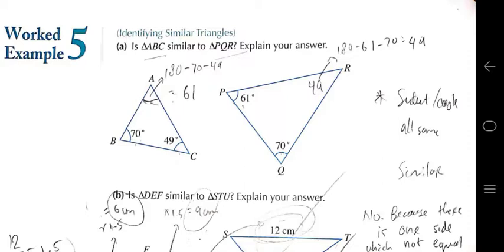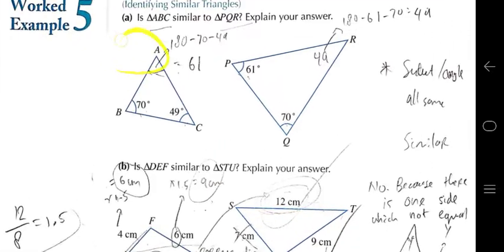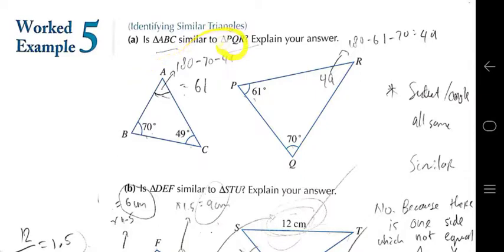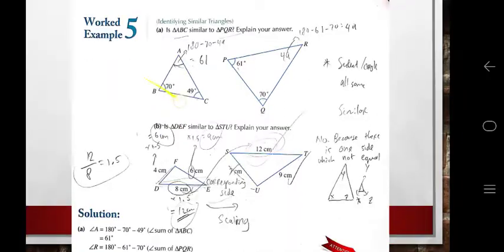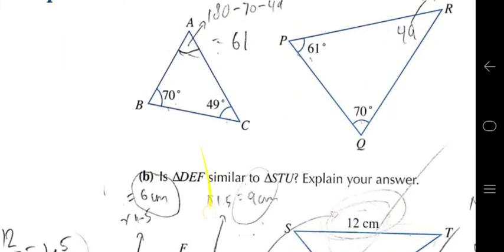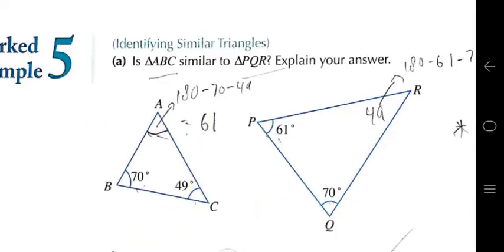Just take a look at this worked example 5. Is ABC similar to PQR? Explain the answer. Are they similar?